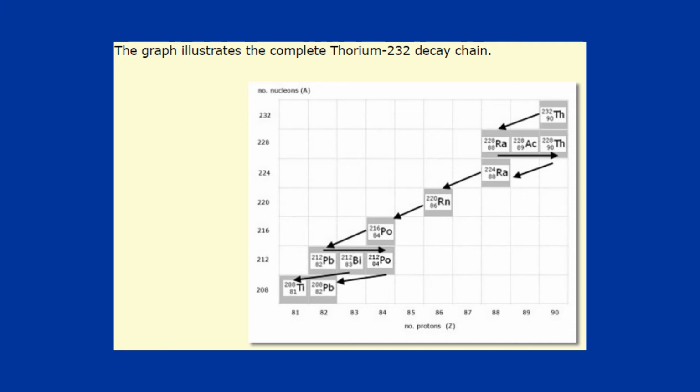And then you can follow the chain of decay, seeing whether there's going to be an alpha decay, beta minus, or beta plus. So you follow the decay chain down and you can see that process. All the time, the nuclear isotopes are trying to become more stable and get towards that stability line.